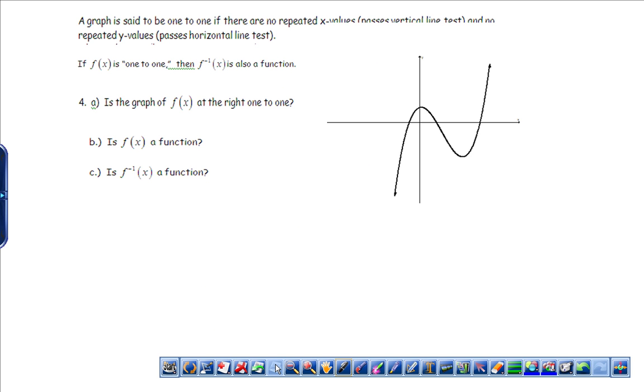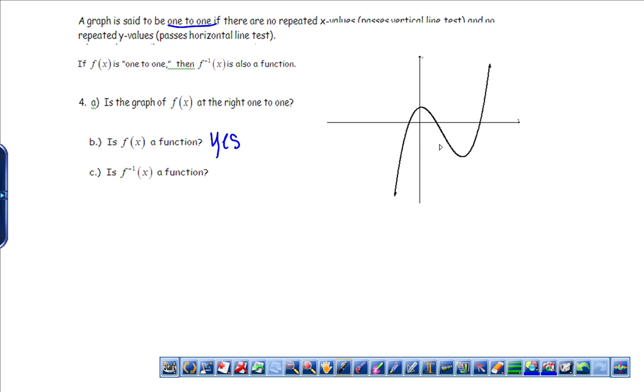Okay? A graph is said to be 1 to 1 if there are no repeated x values, passing the vertical line test, and no repeated y values if they pass the horizontal line test. Okay, so let's look down here. Is this a function, first of all? And I would say yes.